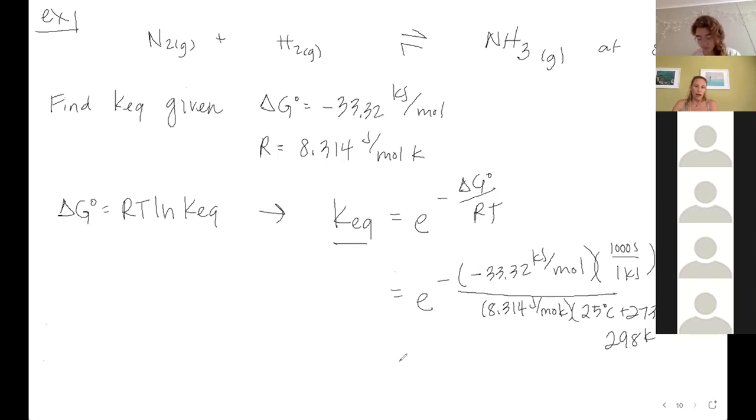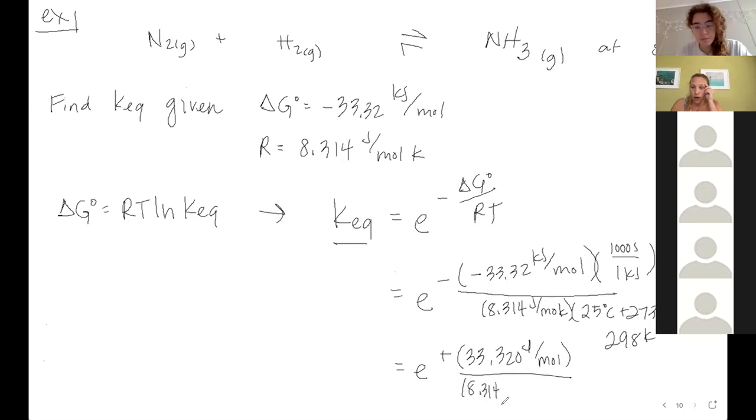So therefore, I have e to the positive 32,320 joules per mole divided by 8.314 joules per mole Kelvin times 298 Kelvin.